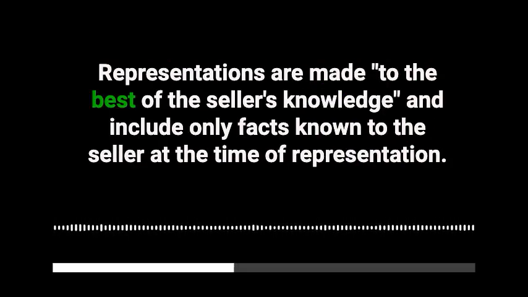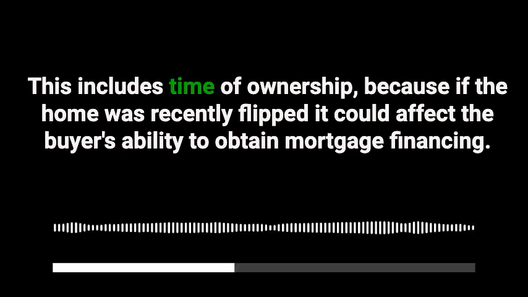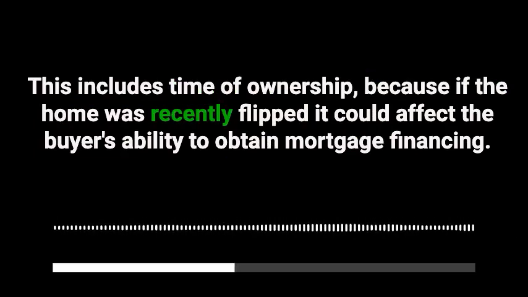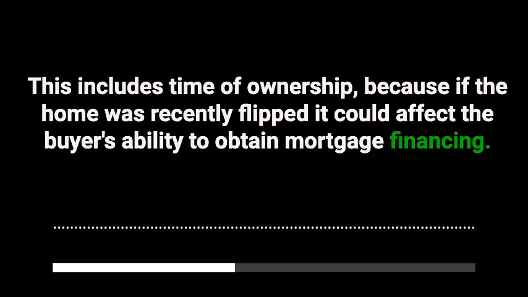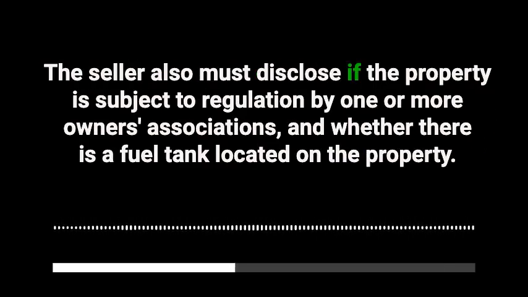Representations are made to the best of the seller's knowledge and include only facts known to the seller at the time of representation. This includes time of ownership, because if the home was recently flipped, it could affect the buyer's ability to obtain mortgage financing. The seller also must disclose if the property is subject to regulation by one or more owners' associations, and whether there is a fuel tank located on the property.